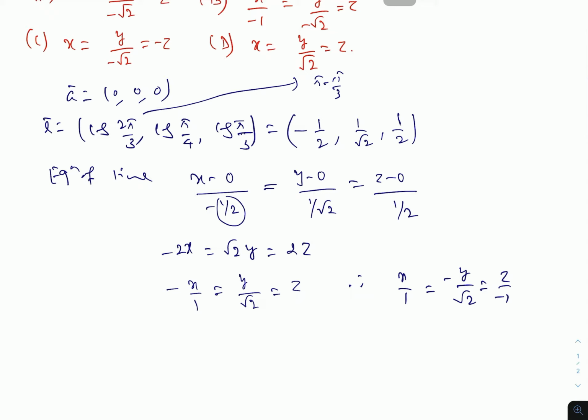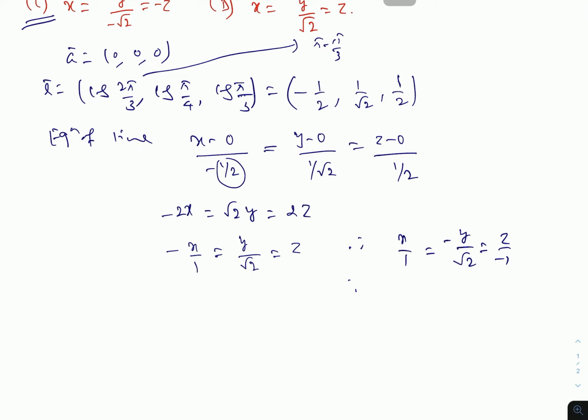So you can see that option C is there, x equal to y upon minus root 2 equal to minus z. Okay, fine.